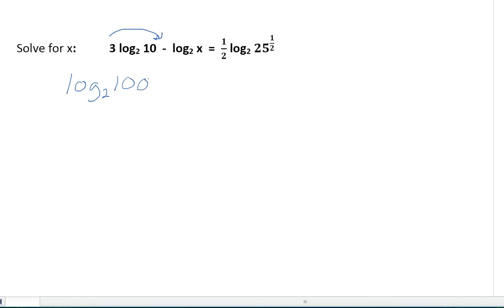So I'm going to write it as 1,000 minus log base 2 of x. So if we want to finish this side, since we're subtracting here, to write them as a single log would be division. So I could write this as log base 2 of 1,000 over x. All right, so we have that one side done into a single logarithm.